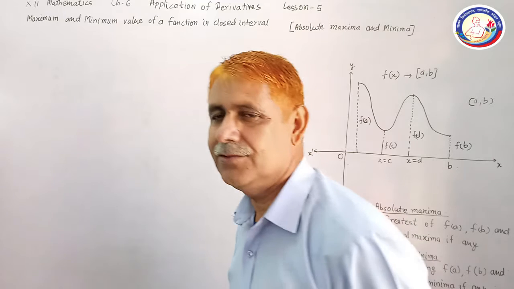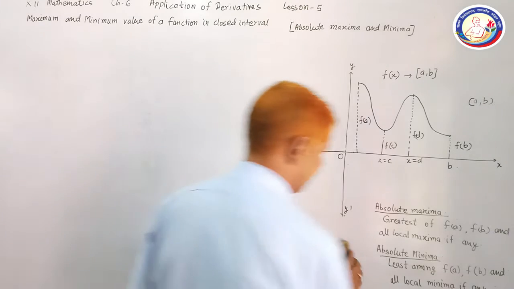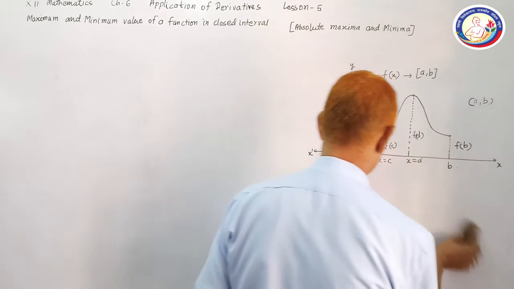Then we may use the first derivative test or second derivative test to find local maxima and minima, and after that we will decide the absolute maximum value or absolute minimum value. Now we proceed with an example.